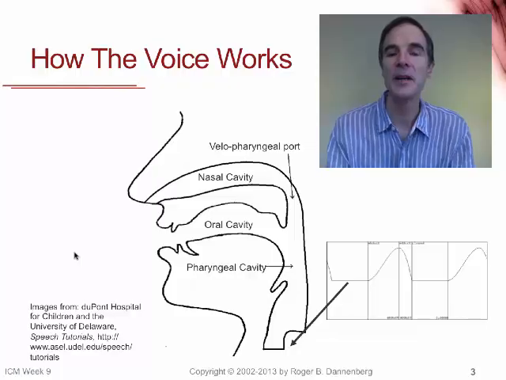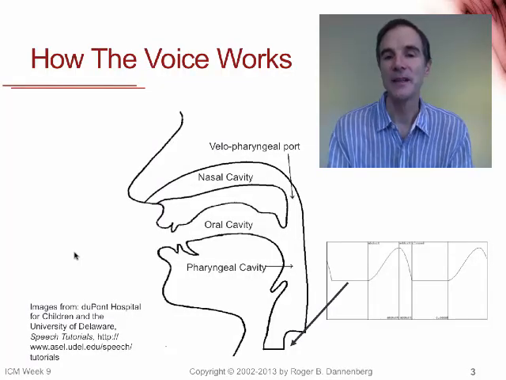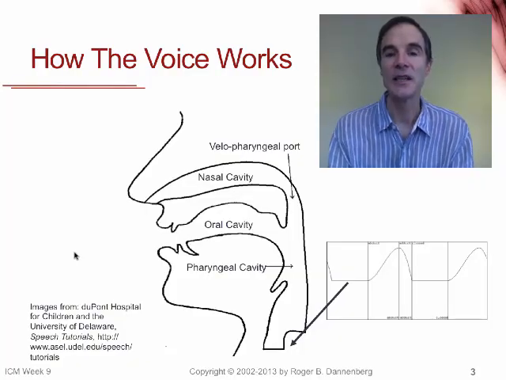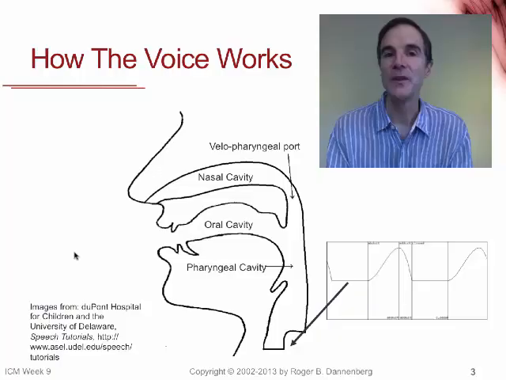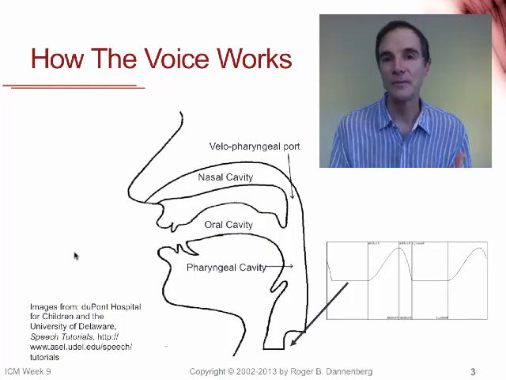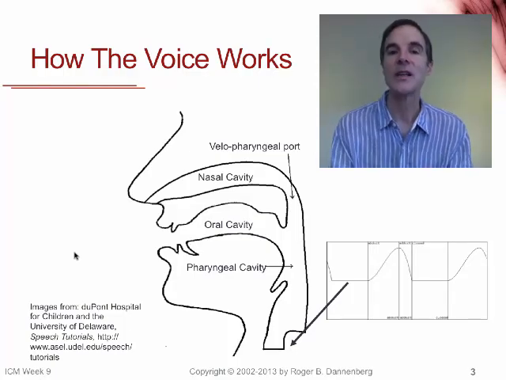This is a diagram of a human head taken at a cross section so that we can see the air passageways and talk about how the voice works. At the bottom of the diagram are the vocal folds, or commonly called vocal cords.